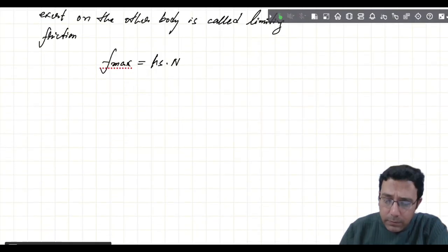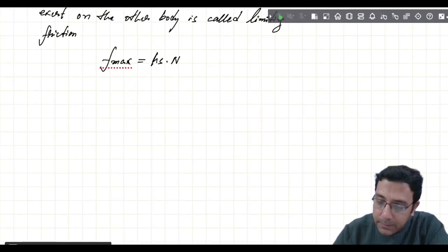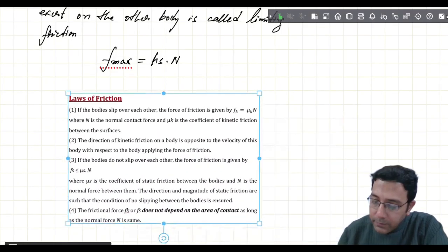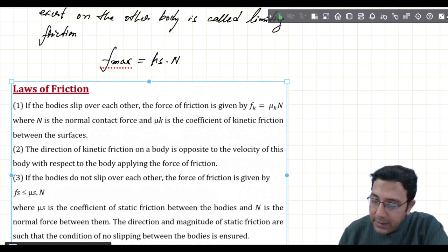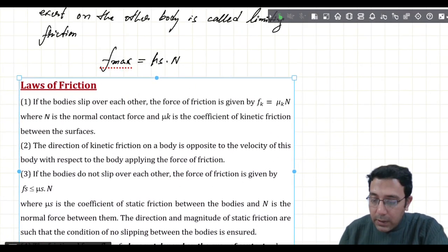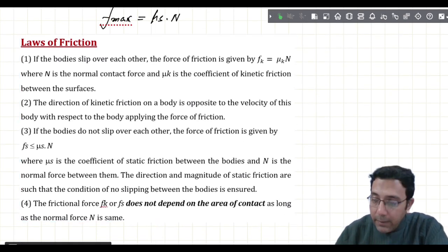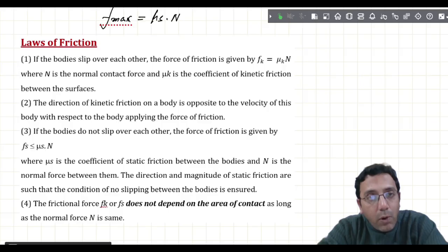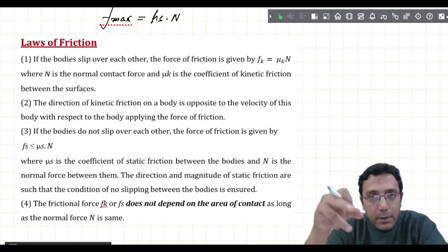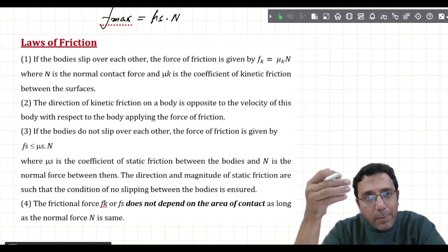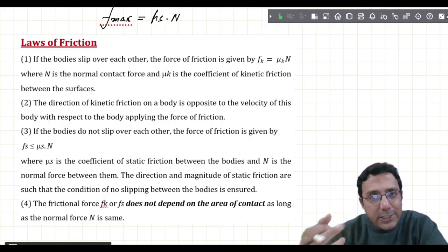Okay. Now, there are some basic laws of friction. These are asked in your exams. Let us just read the laws. Okay, what are the laws of friction? Number one, if the bodies slip over each other, the force of friction is given by Fk equal to mu k into n, that we have just seen, the kinetic friction, where n is the normal contact force and mu k is the coefficient of kinetic friction.